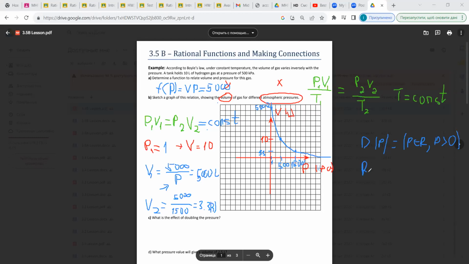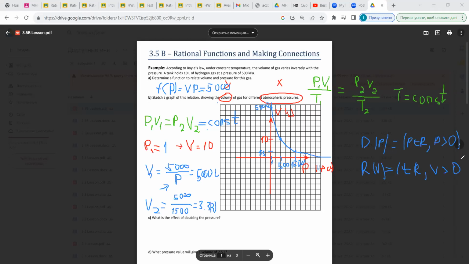Range of this function, which is volume, also V ∈ R, rational numbers, but volume greater than 0.